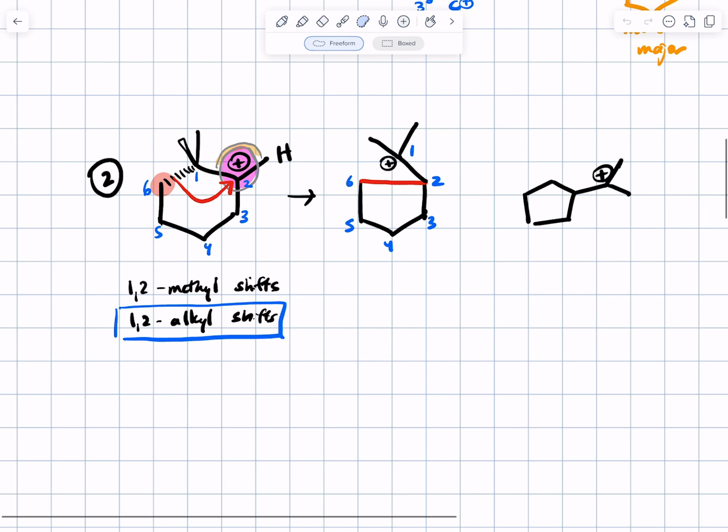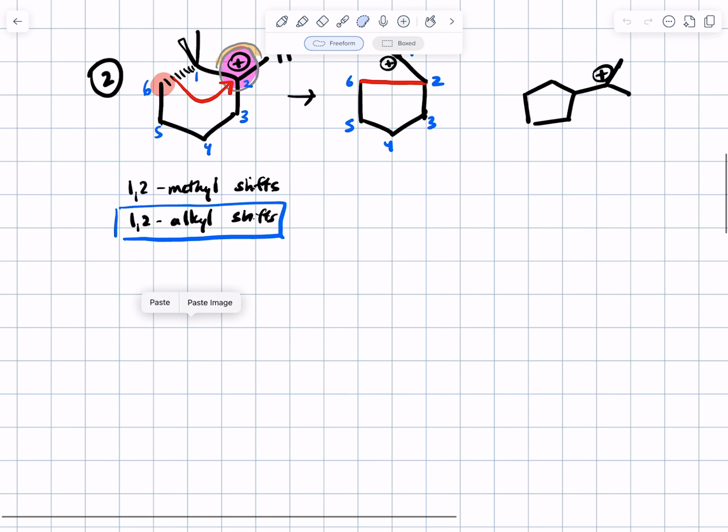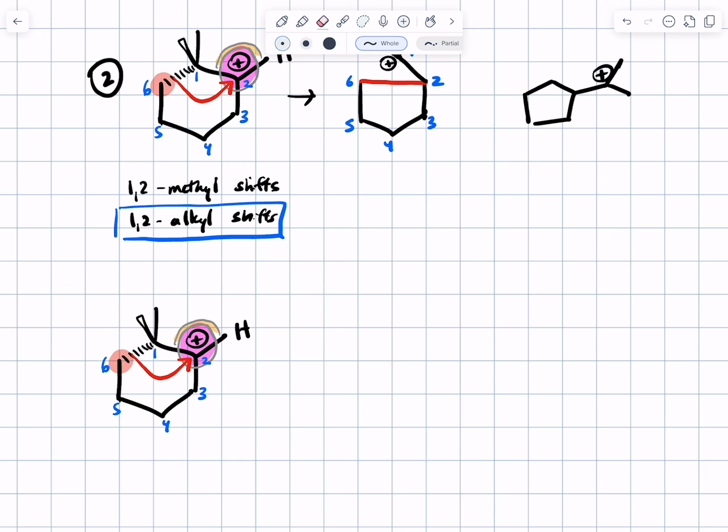And for those of you that are struggling with this a little bit, let me recommend one quick thing. If you copy all of that down and then you replace carbons 5 and 4, and you just write an R group in the place of carbon 6 and an R group in the place of carbon 3, and then you do the 1-2 rearrangement, then it's not so difficult to see how an alkyl group can shift over.